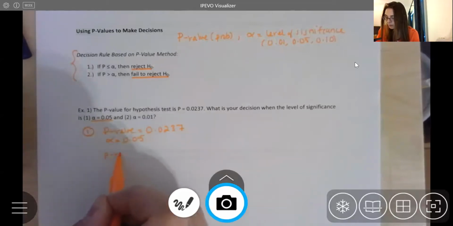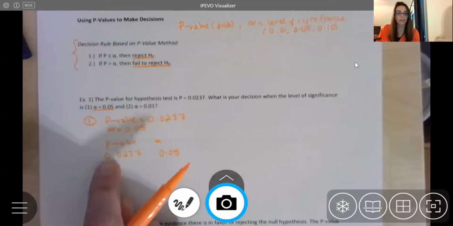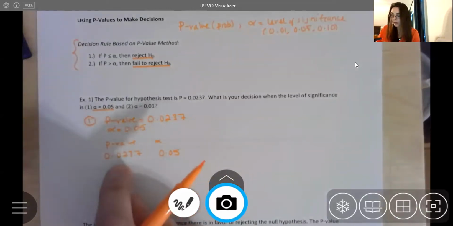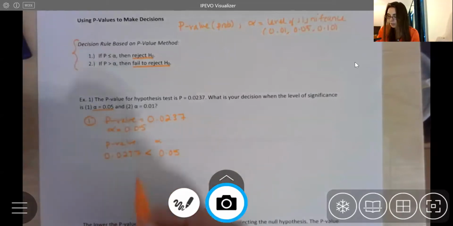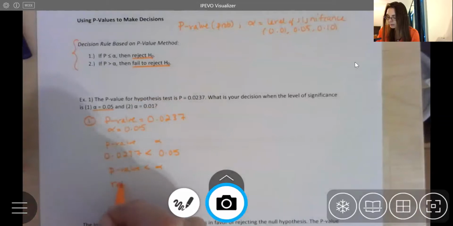Let's compare our p-value to our alpha. 0.0237 and 0.05. Well, this is smaller than this one, right? 0.02 is smaller. So we're saying here that our p-value is smaller than our alpha. If our p-value is smaller than alpha, we would reject the null hypothesis.